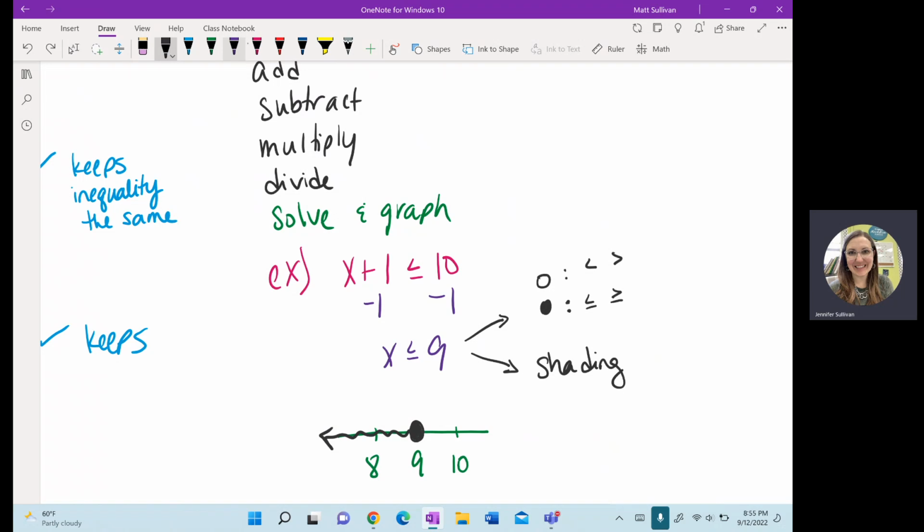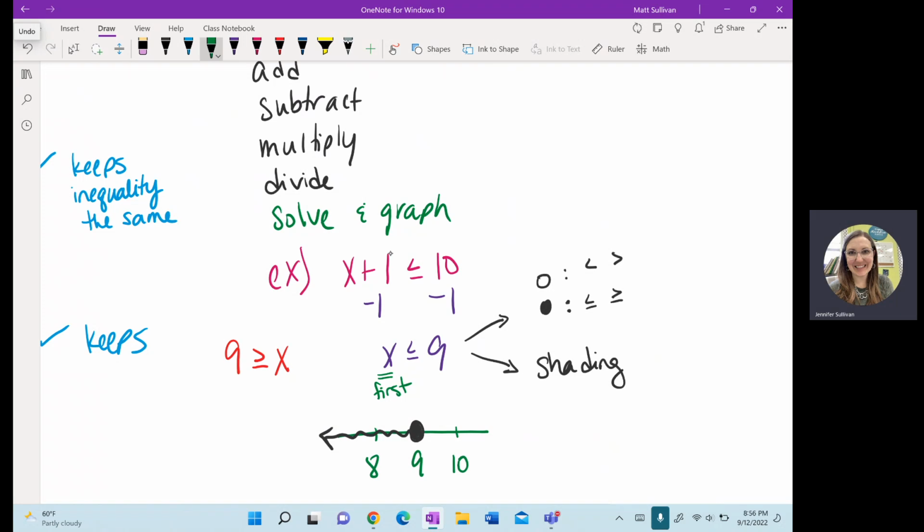Because I can write this exact same inequality sentence putting the 9 first and the variable second, and if I try to follow this arrow shading to the right here, I'm going to be wrong. So the only time we can look at the inequality to tell me which direction to shade is if the variable is listed first.